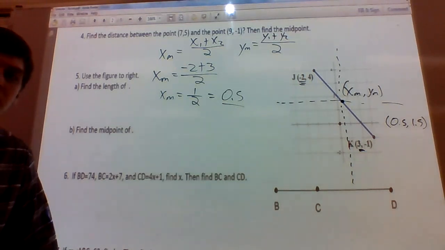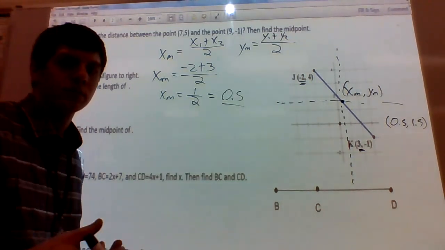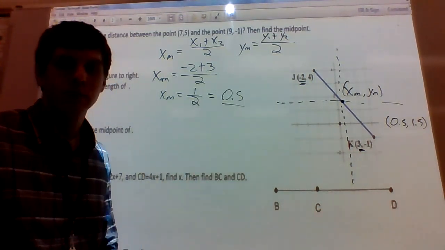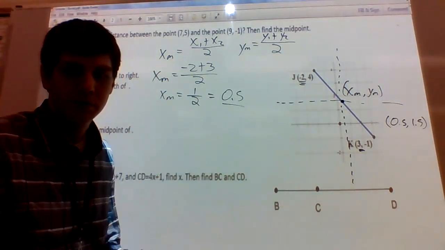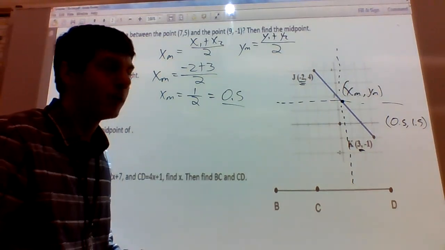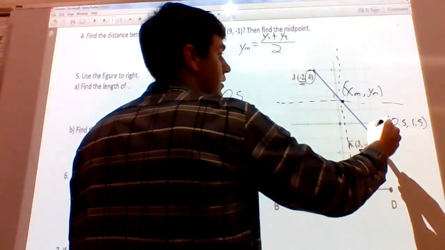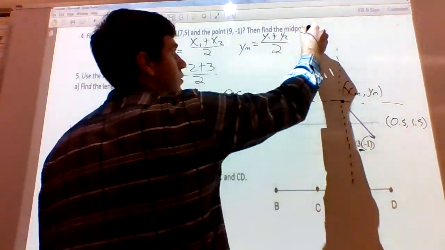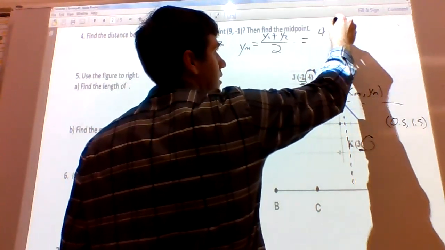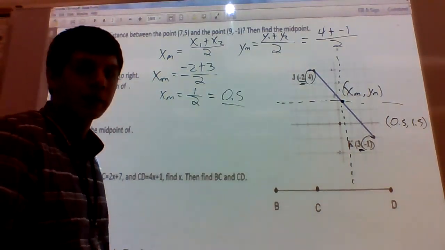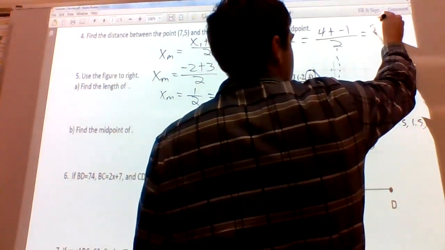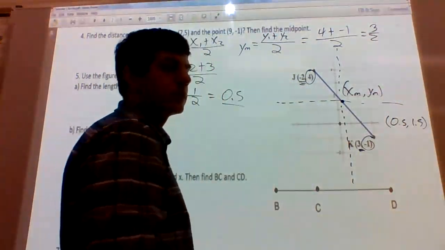We want to take the average value of the y, the average value of the 2 y endpoints. Okay. What are the 2 y values? 4, -1. So 4 plus -1 divided by 2. 4 plus a -1 is going to be 3. So we have 3 halves, which is 1.5.